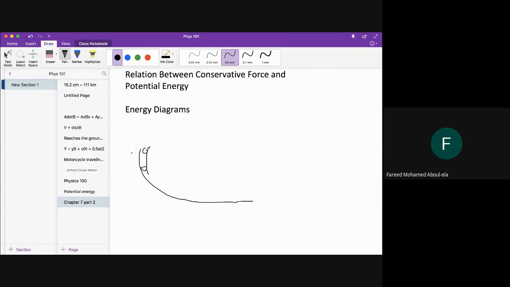And the initial height, your little brother is 4 meters above the ground. And now, what's going to happen?